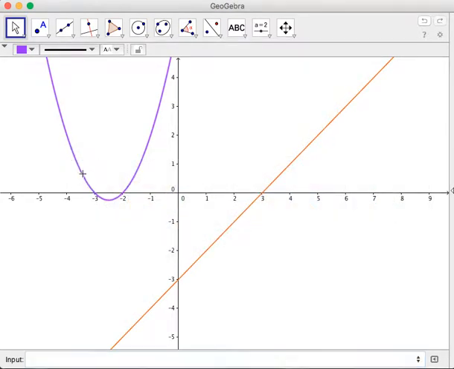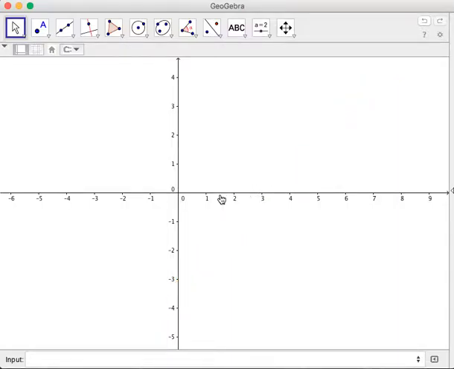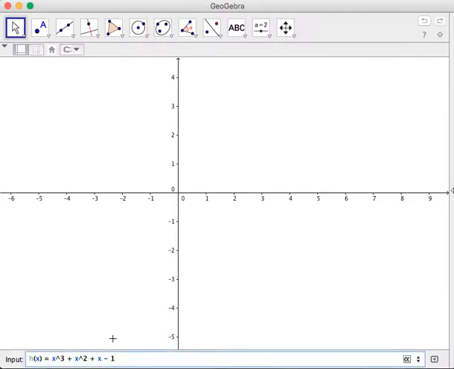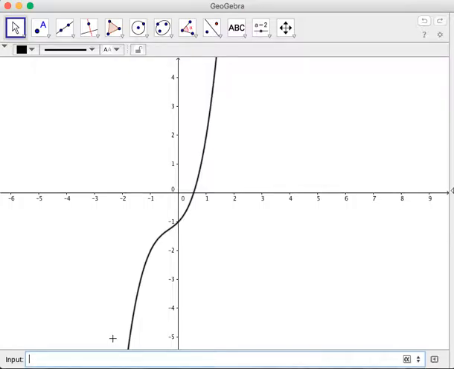Siyempre, kung alam mo na yung nasa graph, kung saan siya dadaan sa x-axis, yun yung root niya, di ba? So, for example, ito, h of x, pinura ko na yung dalawa para hindi ka magulo, no? H of x equals x cubed plus x squared plus x minus 1, no? Tama ba? So, pag in-enter natin yan, yun yung ating function.